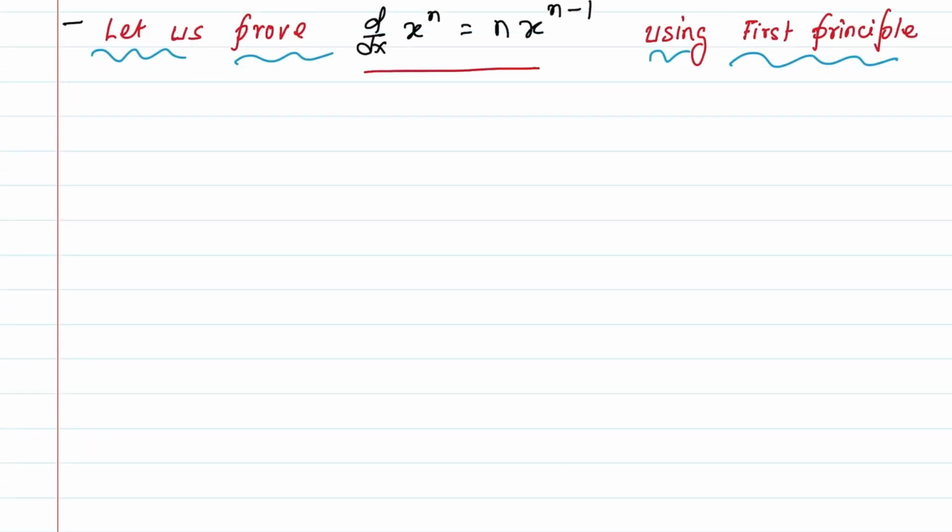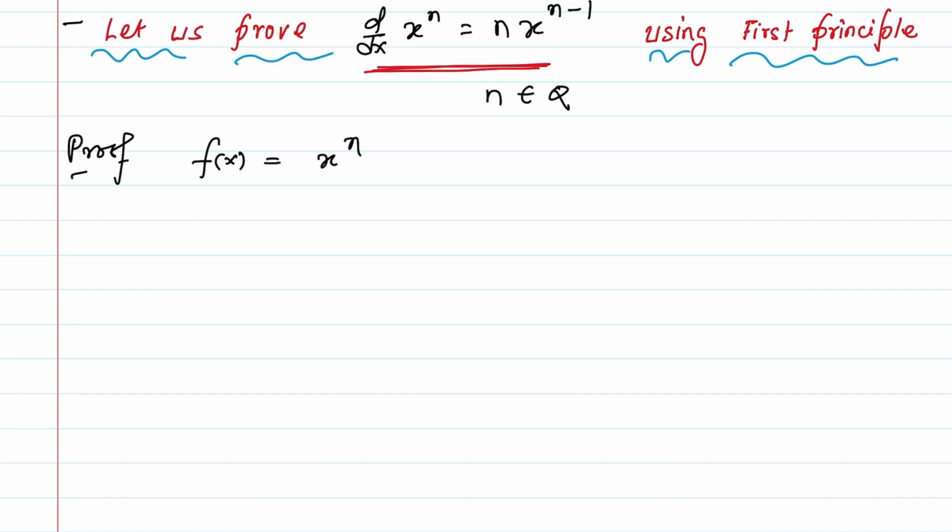Now let us prove that the derivative of x to the power n is n into x to the power n minus 1 using first principle. Remember one more thing here: n belongs to Q, that means it may be any rational number. So here the function is x to the power n.